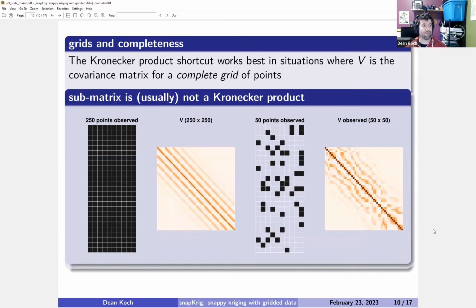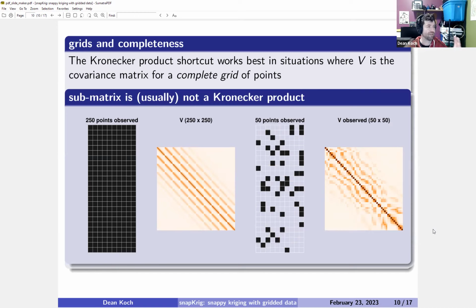Now, this Kronecker product structure is guaranteed when we have gridded data and we use this special covariance model. However, quite often in real problems, we're going to be missing some data.